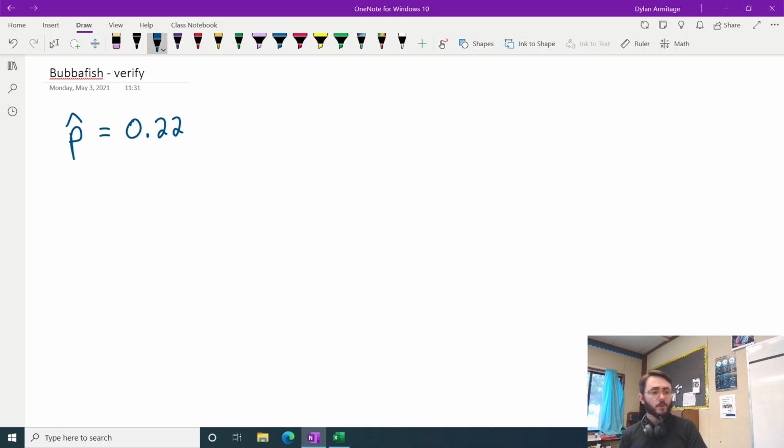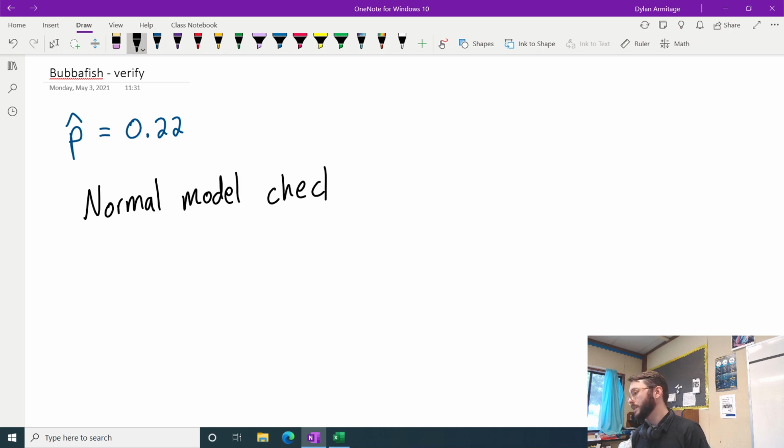Now, before we move on, we have to verify some assumptions about our data. Specifically, we need to check that we can actually use the normal model in this case.